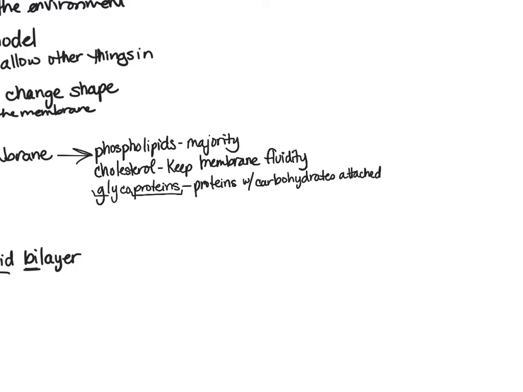So that's the glyco part. Glyco meaning glycogen. So glycogen and proteins. So proteins with carbohydrate chains attached to them. We also have glycolipids, as their name implies, lipids with carbohydrate chains attached.